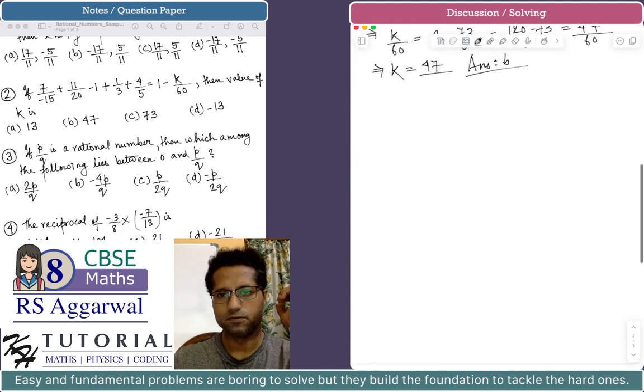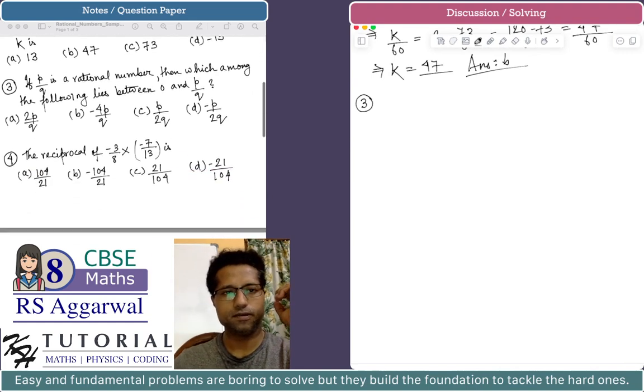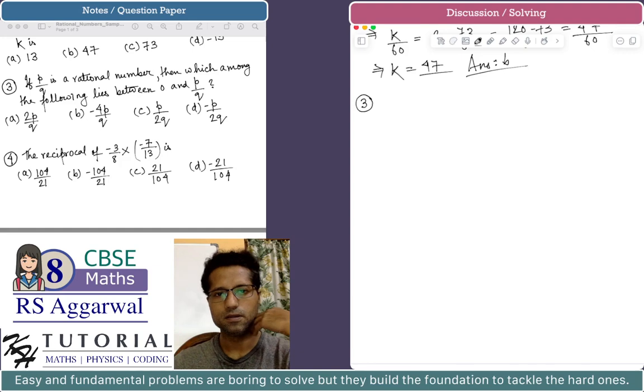Okay. Let's do problem number 3. Problem number 3 says that if P by Q is a rational number, then which among the following lies between 0 and P by Q? So P by Q is a rational number.